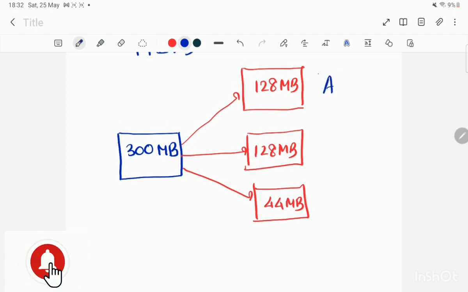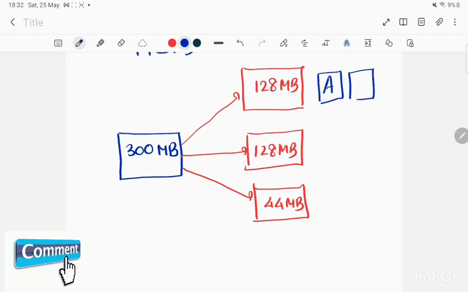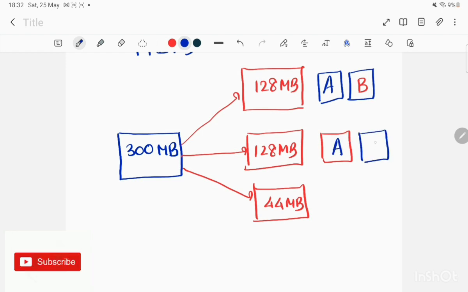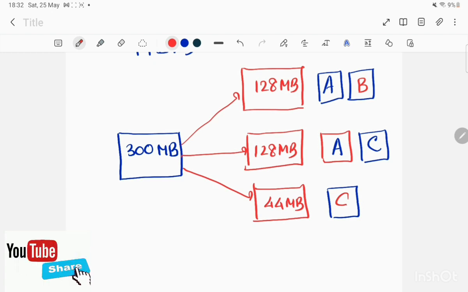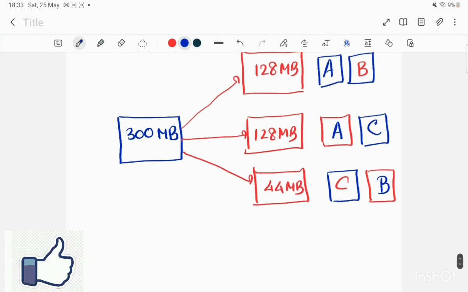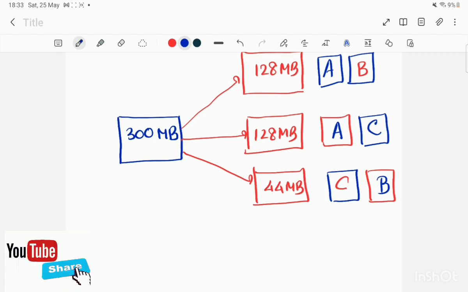Say originally it is A, it will make another copy B. Say originally it is A, it will make another copy C, and then it is C, and then it is B. So in this way you can store your big data in a distributed way, and also you can make sure that if one machine fails, your data is saved in another machine.